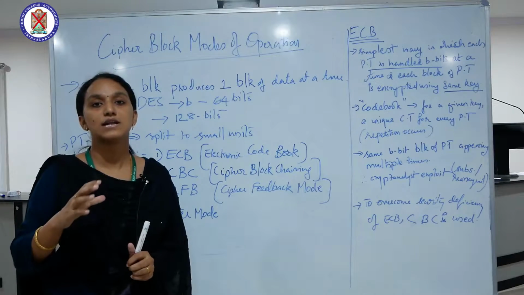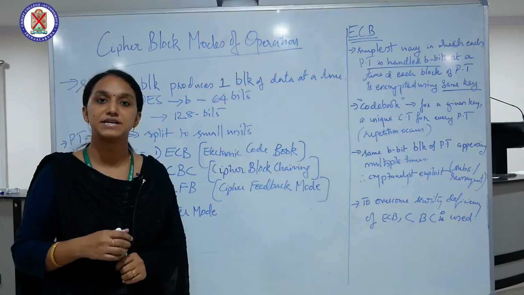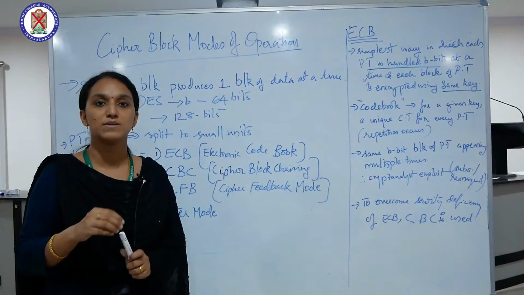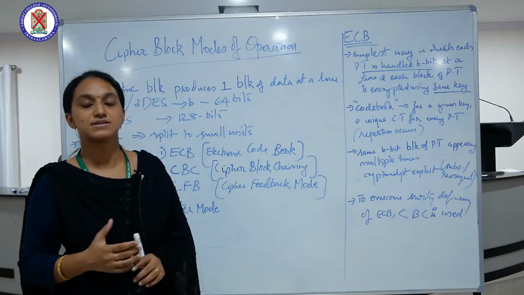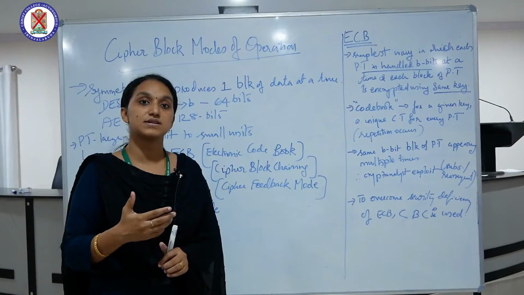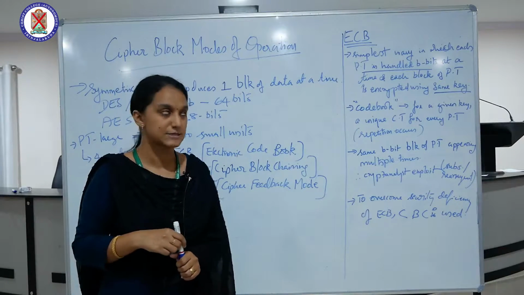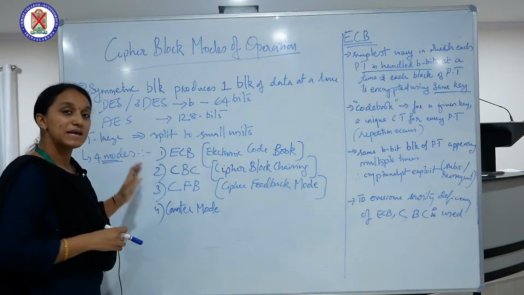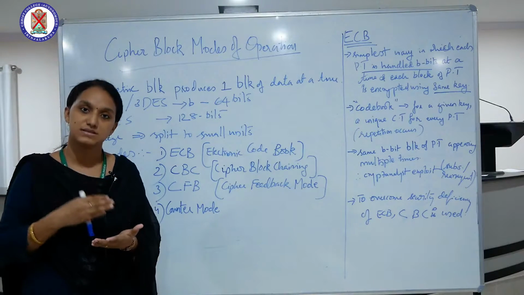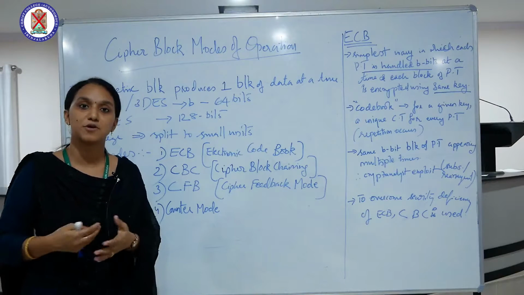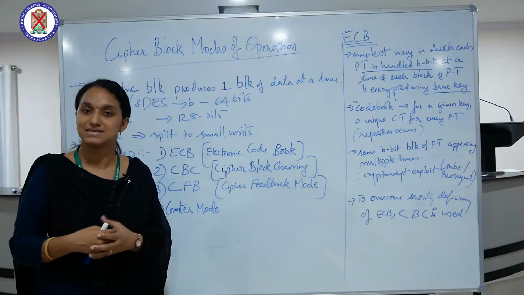In common block ciphers like DES, the block size B will be 64 bits. And for AES, the Advanced Encryption Standard, the block size is double, that is 128 bits. When the plain text is really large, we split it into multiple parts, process them, and at last combine them to get the plain text as it is.